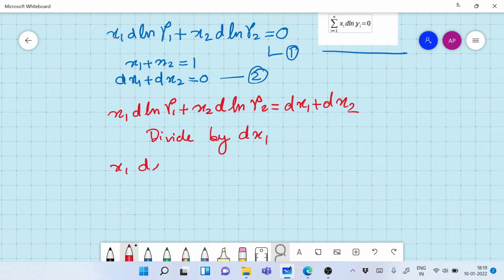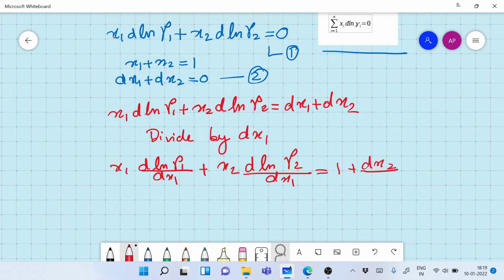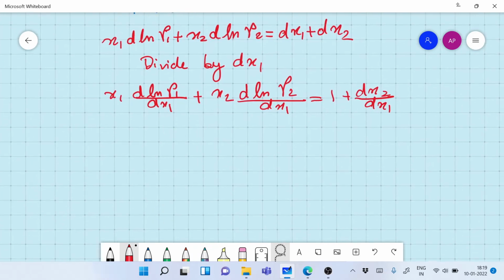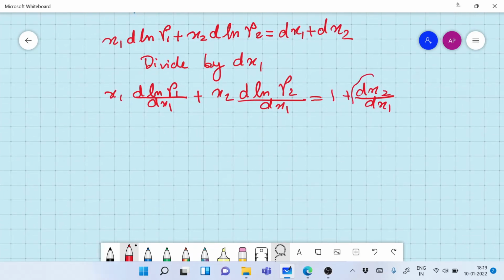And we get the following. x1 d ln gamma 1 by dx1 plus x2 d ln gamma 2 by dx1 is equal to 1 plus dx2 by dx1. Now from equation 2 we know that this quantity is equal to minus 1.